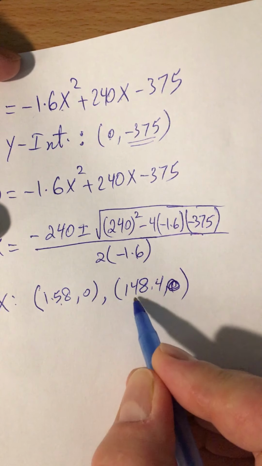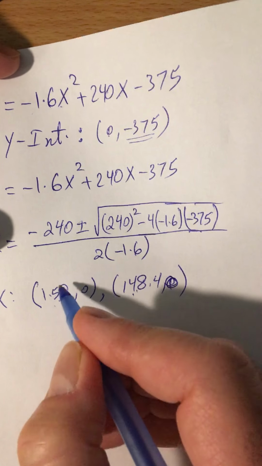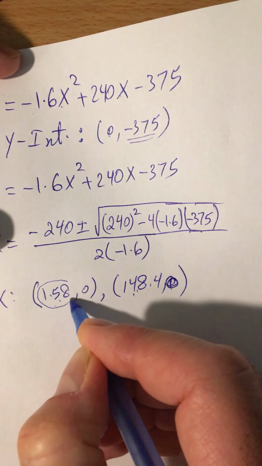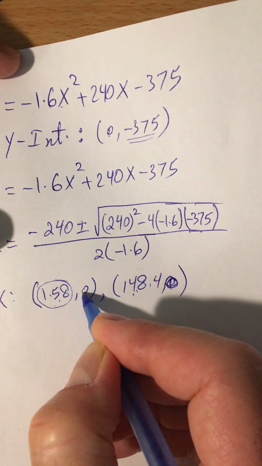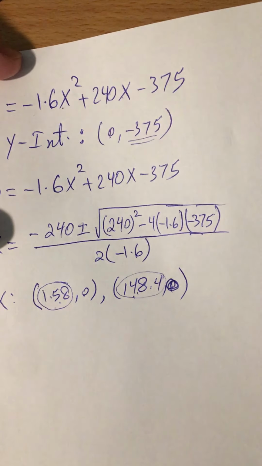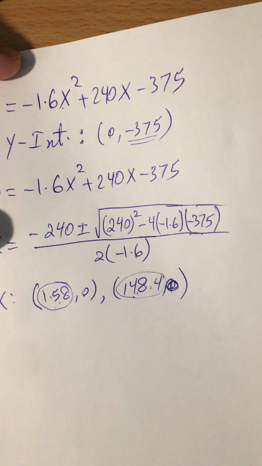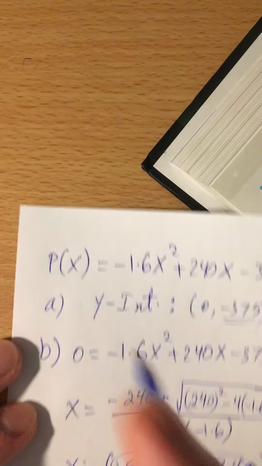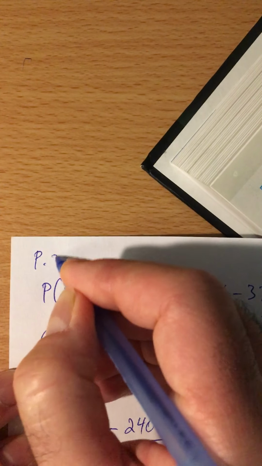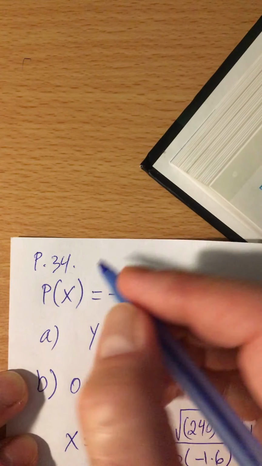So these are your X values. These are the number of grandfather clocks that are produced. So if you produce less than 2, you're going to get a profit of 0. If you produce more than 148, you're going to get a profit of 0. So you better stay within those 2 limits. Okay? Again, this is problem number 34 on page 345.